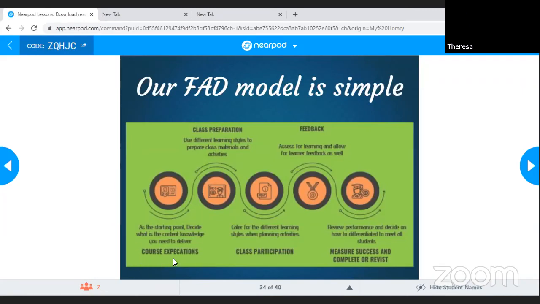Now, you can do this at the beginning of the year, at the beginning of a term, at the beginning of a week, at the beginning of a lesson. But you need to take a look at this as a starting point and decide what is the content knowledge that you need to deliver. Then you need to work on your class preparation, colleagues, and your class preparation is going to determine how exactly you are going to flip your class and then also adapt to address all the learning styles.